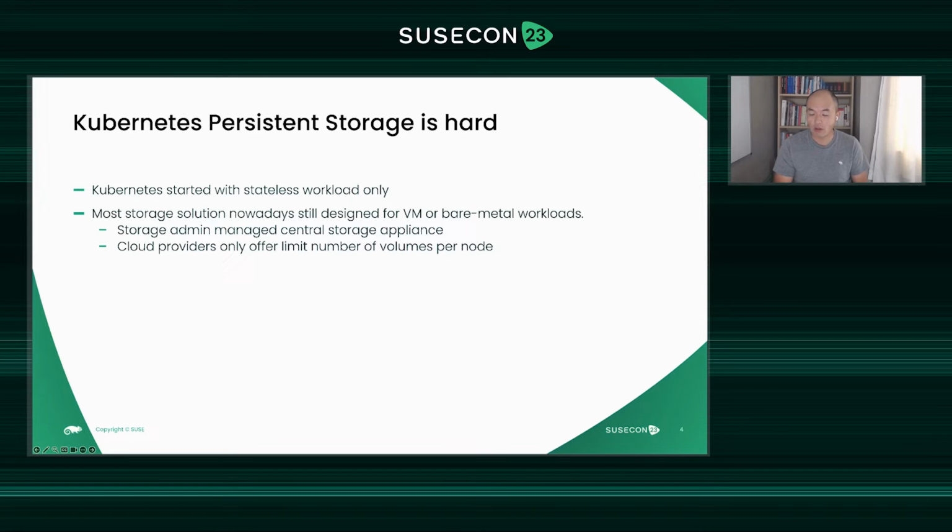If each workload needs persistent storage, you will pretty much hit the limit with 30 or so pods on the node. If you are using Kubernetes on bigger bare metal nodes, I saw people running 400 or 500 pods per single node, and that's why you will always run out of the persistent volumes they can provide.